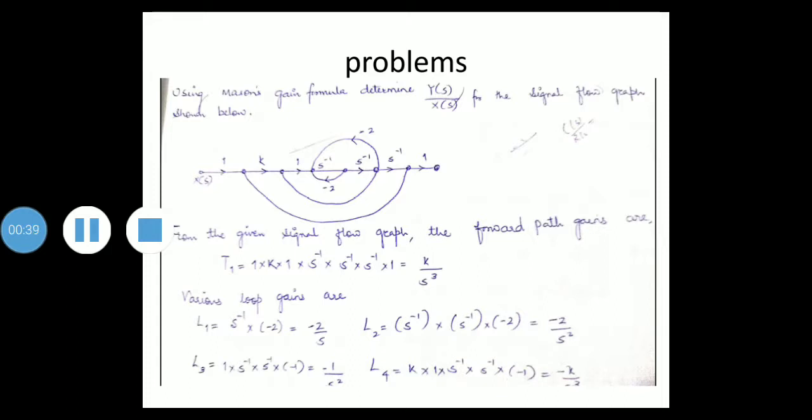When we see the signal flow graph, the first step is to find the forward path gains.